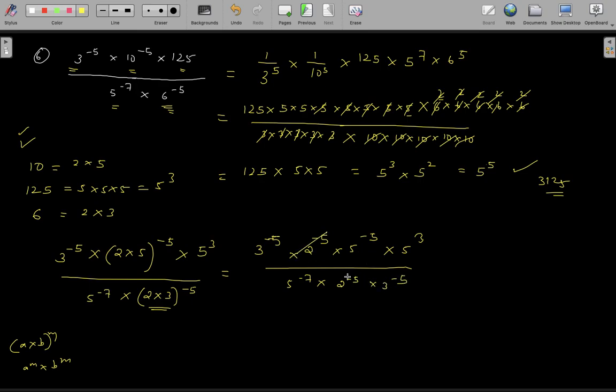Now 2 power negative 5 and 2 power negative 5 get cancelled. 3 power negative 5 and 3 power negative 5 get cancelled. Now this gives you 5 power (negative 5 plus 3, which is negative 2) by 5 power negative 7. So 5 power negative 2 minus negative 7, which is 5 power 5, the same thing that you got here.